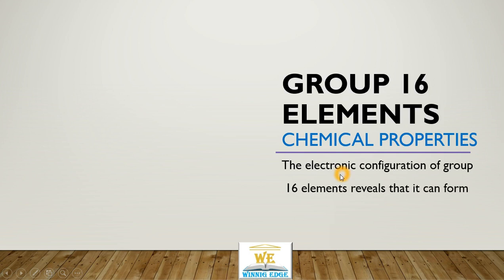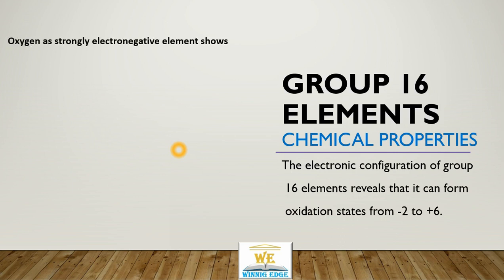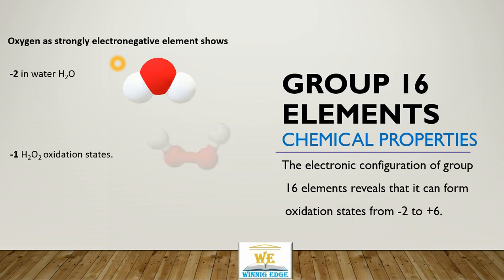The electronic configuration of group 16 elements reveals that they can form oxidation states from -2 to +6. Oxygen, which is strongly electronegative as we know, predominantly shows the -2 oxidation state, like in water, but it also shows other oxidation states like -1, as in the case of hydrogen peroxide.